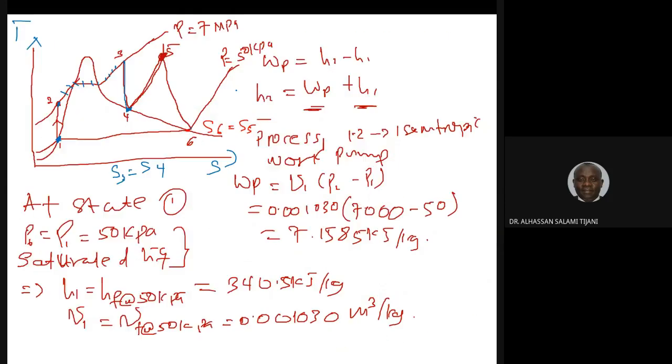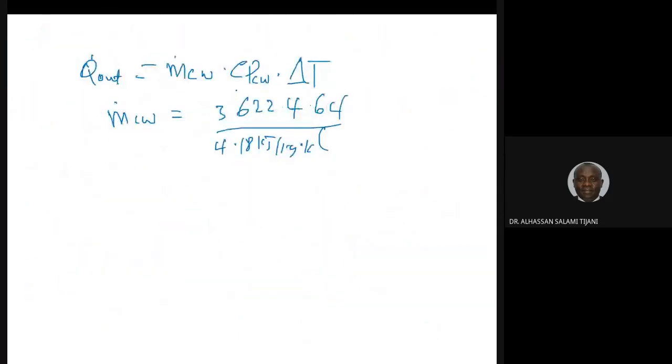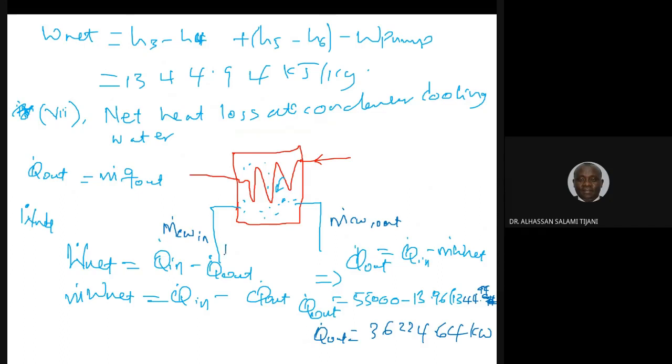So for this, delta T equals T out minus T in. Here we have T in is this, and this is T out. T inlet is equal to 28 degrees Celsius. How do we find T outlet?